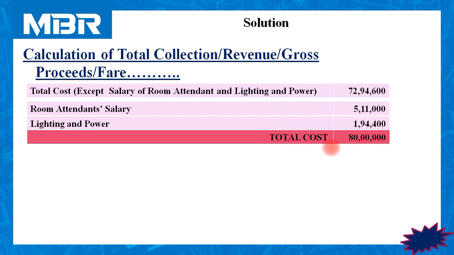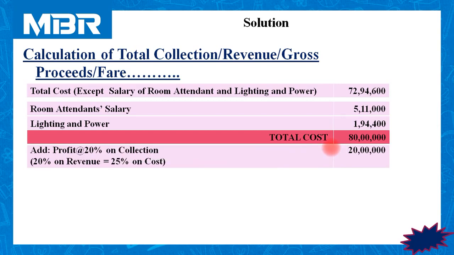As per the information, we need to add profit at the rate of 20% on collection, or you can say gross proceed, or revenue, or fare, or rent. There are so many terms used for this particular item.